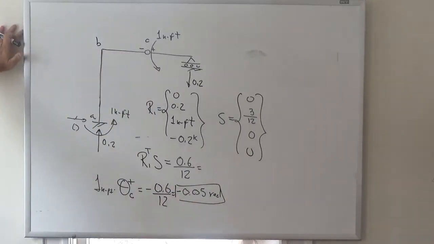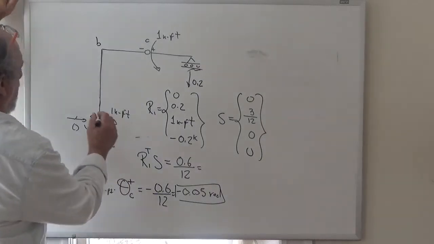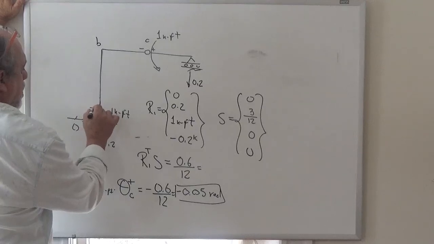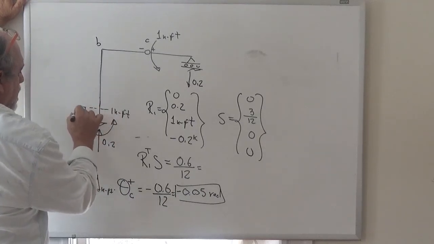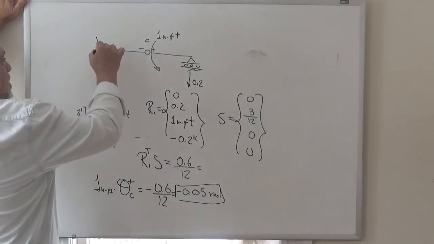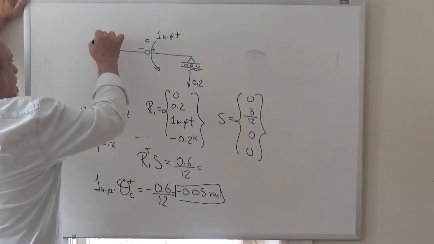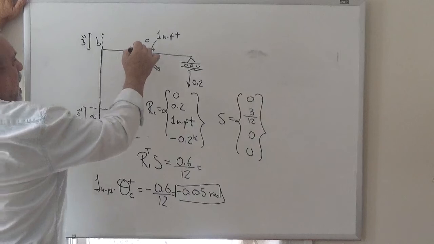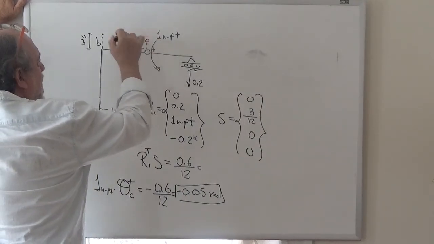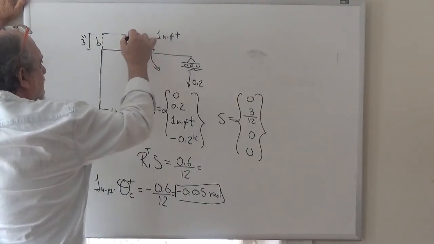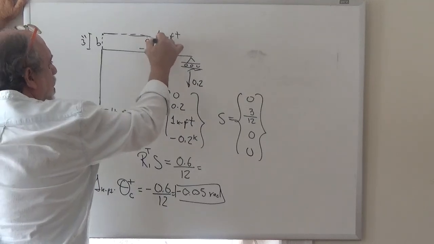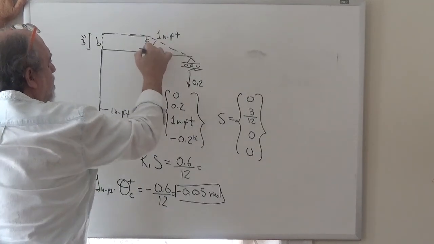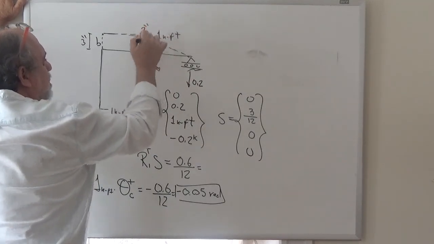Okay, now why is it minus 0.05 radians? Does it make sense? Well, let's remember, this point moved up 3 inches, right? As we argued last time, that means that this point moves up 3 inches. And we saw that the left side didn't rotate, so this one is flat here. And then this one goes like this, right? So that point has moved up 3 inches.